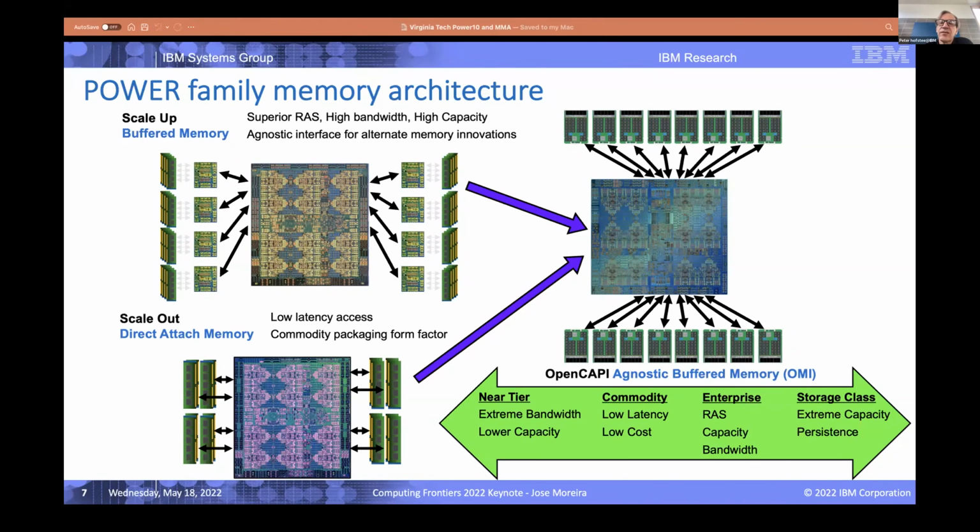And in the case of the power systems, and we've been doing this for a while, the way we achieve that very high bandwidth is by having high-speed serial links between the processor and a buffer that expands that interface into the wires that go to the DRAM chip.